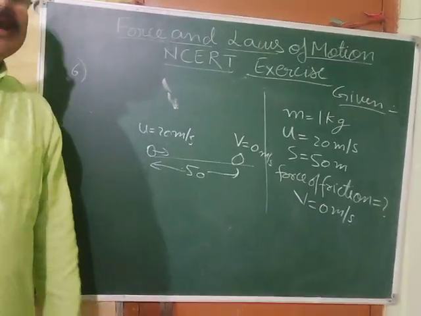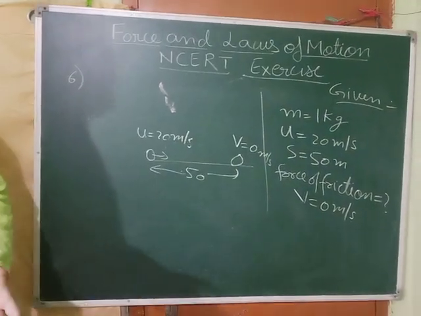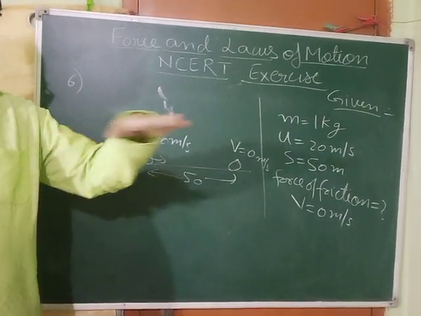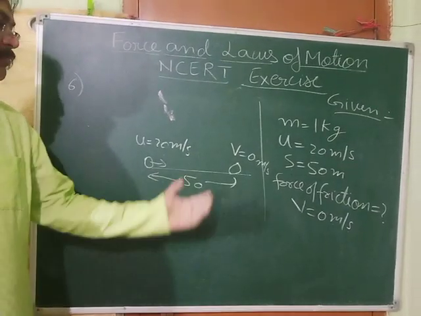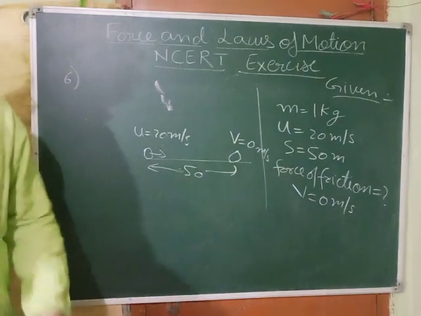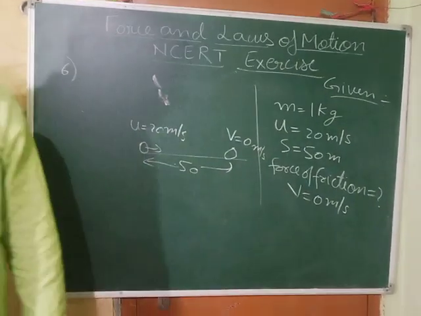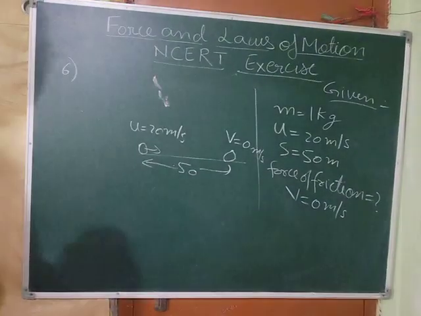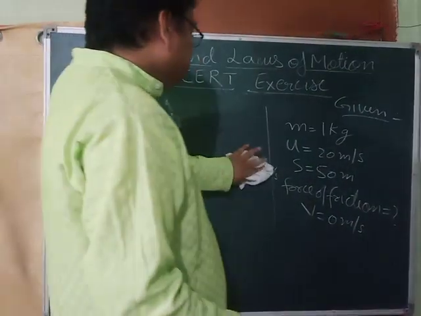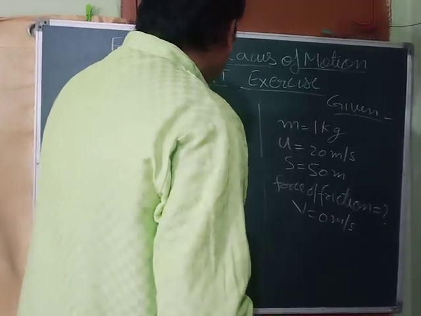Because of the friction force acting between the stone and the frozen ice surface. That friction stops it. Now we have to find out that force. That is our question. So let me remove this diagram first. You've understood, I think. Now we will solve the question.